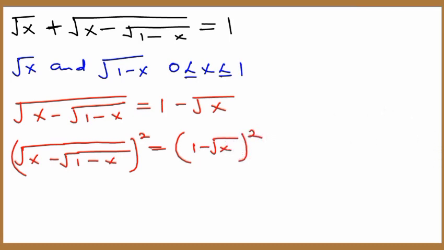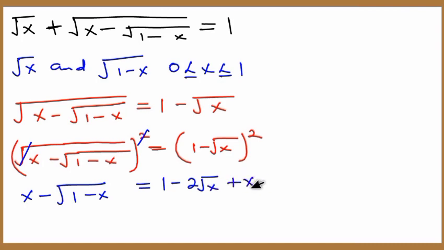So with this one, we know that these two cancel this big root. So at the left hand side, I'll have x minus root of 1 minus x equals, expanding this one, I'll have 1 minus 2 root of x plus x.